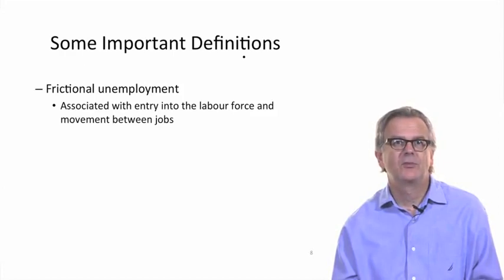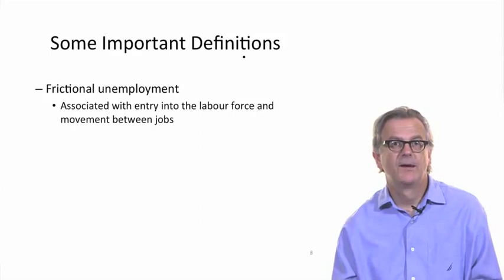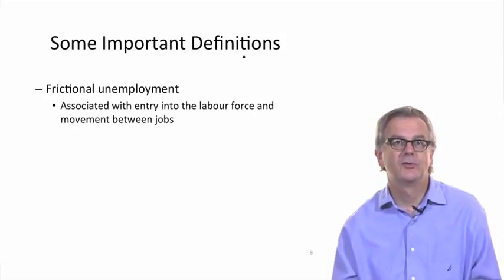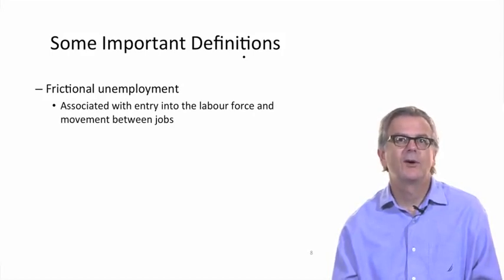We wouldn't, under ordinary circumstances, expect any particular individual to remain frictionally unemployed for an extended period of time. So it's associated with entry into the labour force or with movement between jobs. At any point in time in the economy, there will always be some frictionally unemployed.